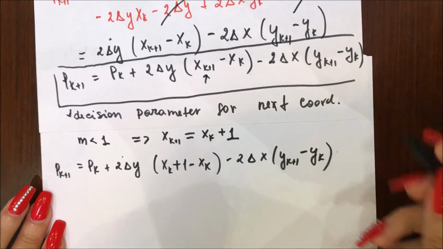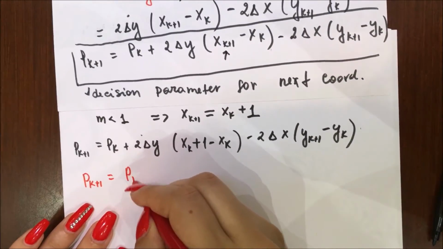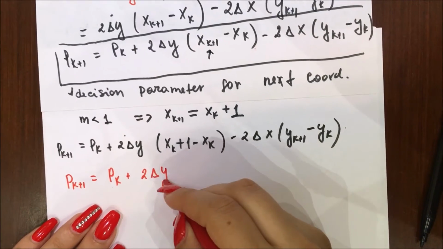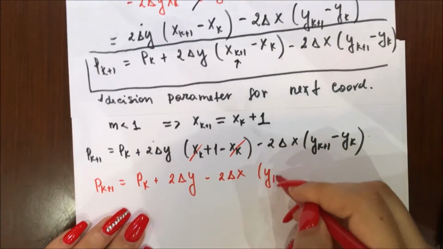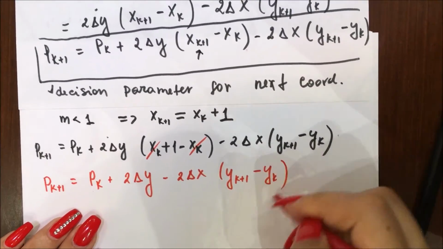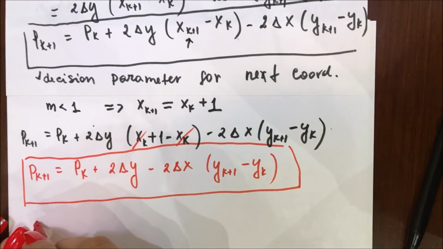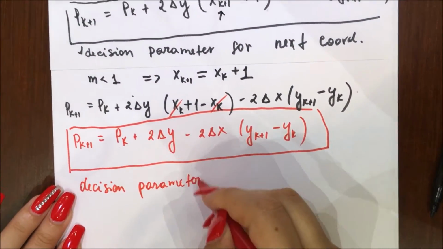Our new decision parameter will be pk plus 2 delta y, because we will remove xk and minus xk, minus 2 delta x (yk plus 1 minus yk). This is our new decision parameter for next coordinate when slope is less than 1.